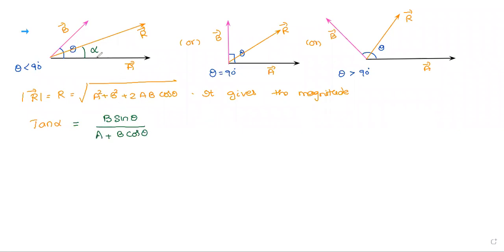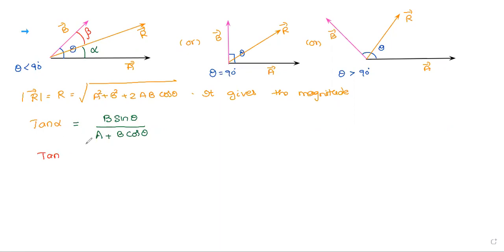Simple logic sometimes we have to apply. If it makes an angle alpha with A, I wrote B sine theta by A plus B cos theta. Suppose unfortunately in the exam, you took the angle with B, let it be beta. Then no need to change anything; use common sense and replace A with B and vice versa.